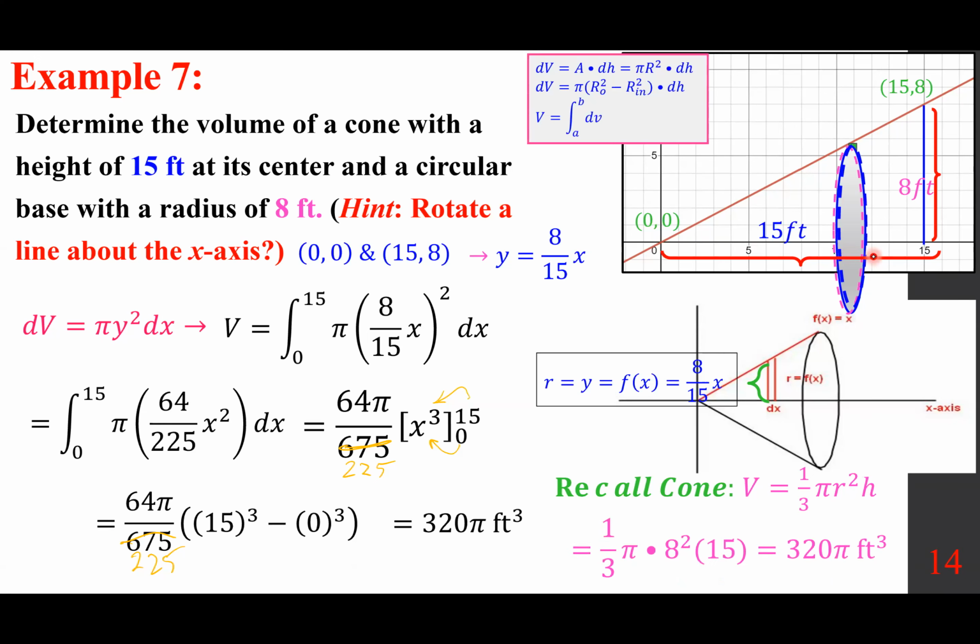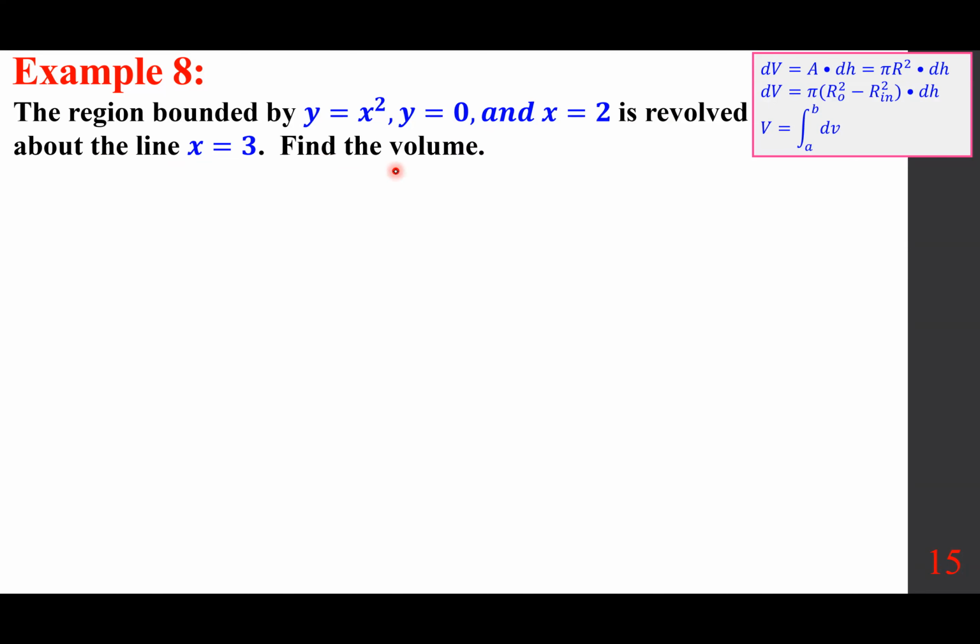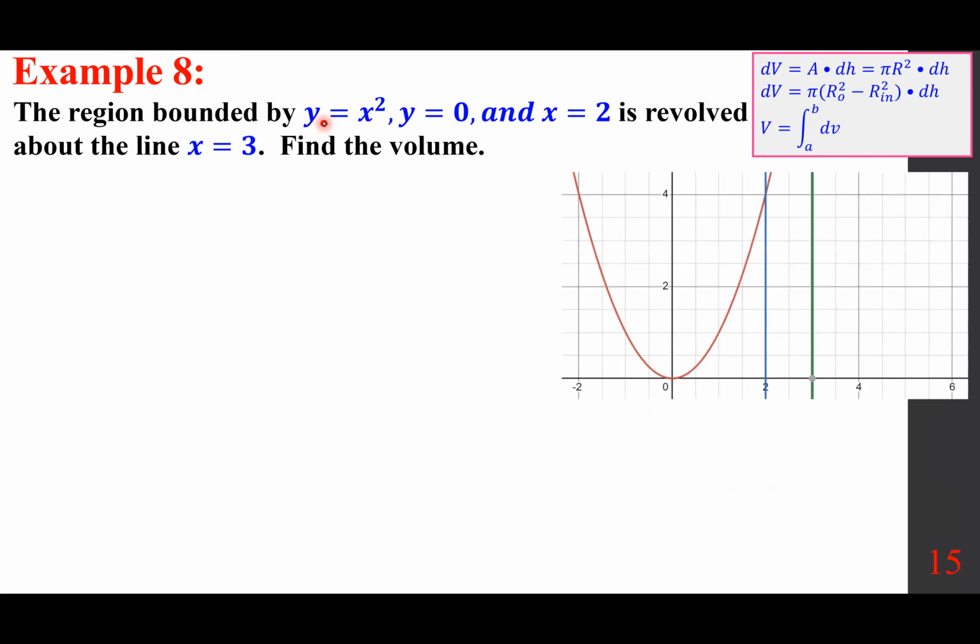Now, the region bounded by y equals x squared, y equals 0, and x equals 2 is revolved about the line x equals 3. We want to find the volume. Again, we start with the graph of y equals x squared. And notice this is y equals x squared. y equals 0 is the x-axis, and x equals 2.